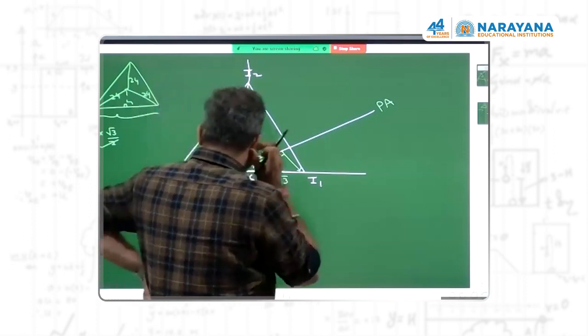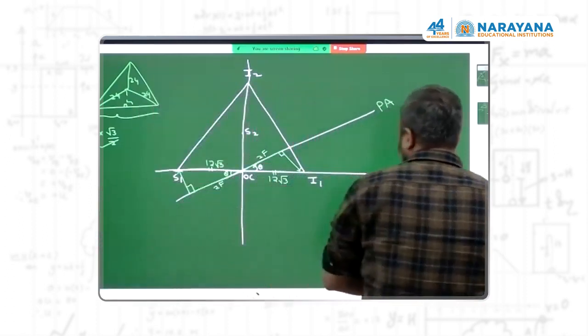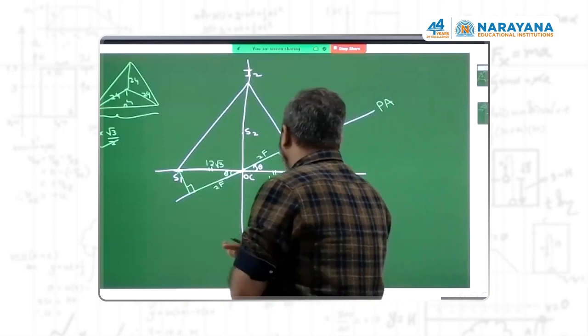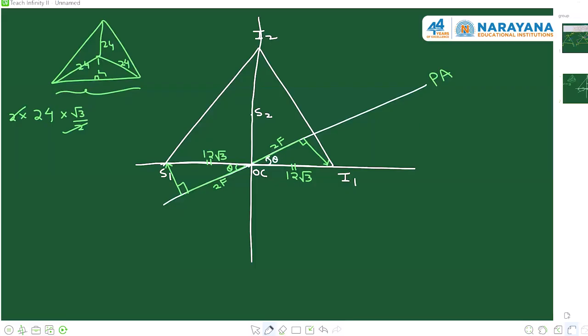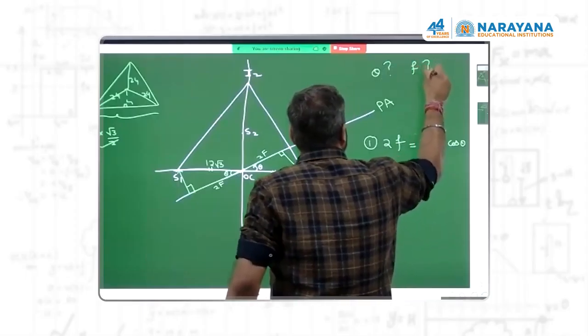I don't know the value of 2f yet, but I am writing one equation now. I am saying twice of f seems to be 12 root 3 cos theta. Remember, I don't know theta yet. I don't know the focal length yet.